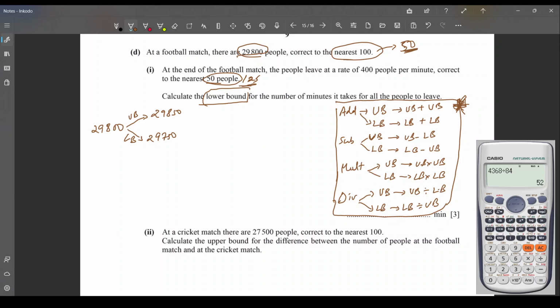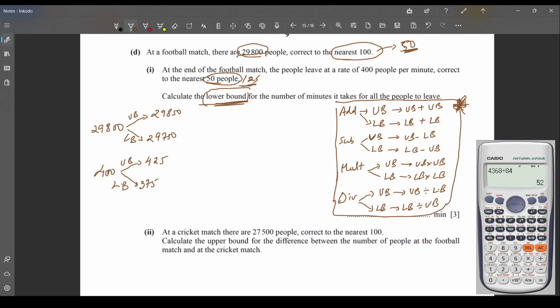So here we got 25. 400 is the rate of people leaving, so to get the upper bound, we add 25 to it and get 425. To get the lower bound, we subtract 25 from it, and we have 375. So to calculate this, we have to find the lower bound, right?